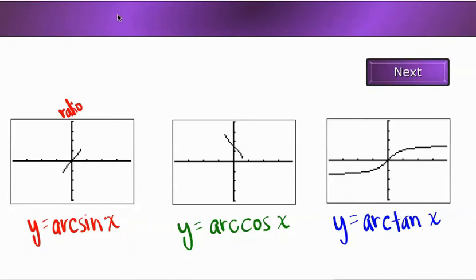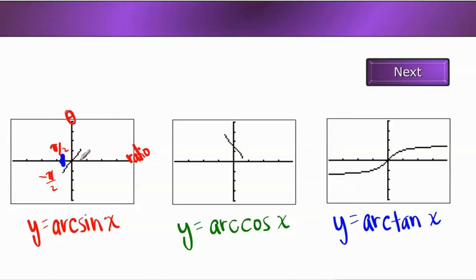I'm sorry, the ratio is now on the x-axis, and the angle theta is on the y-axis. So the fact that we're going down to negative pi over 2 and up to pi over 2 means this has to be either tangent, arctangent, or arc sine. The reason it's arc sine is because arc sine also has a limited domain.